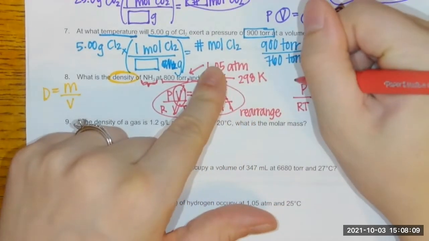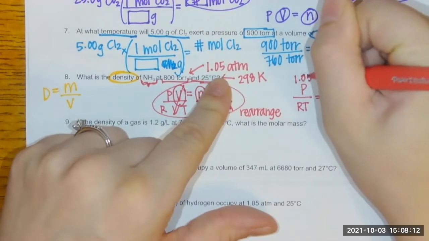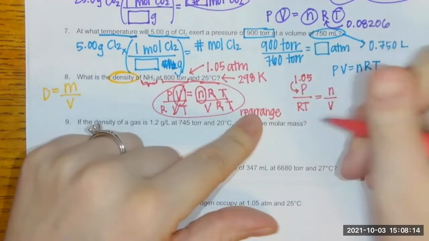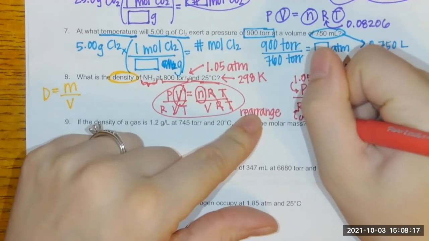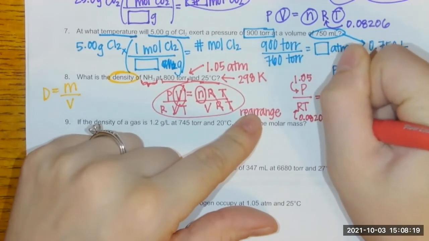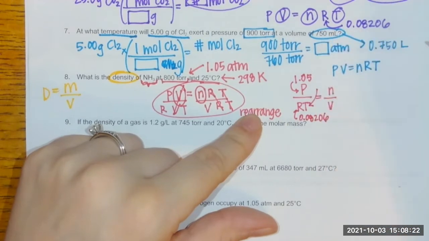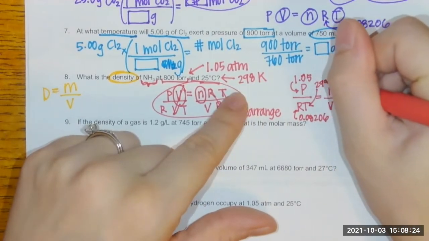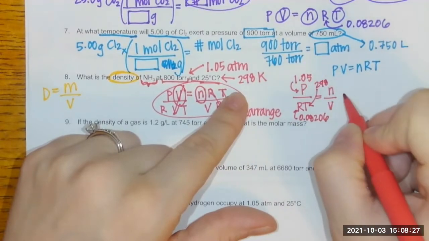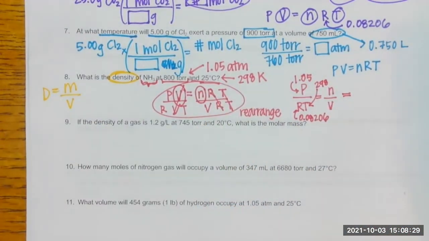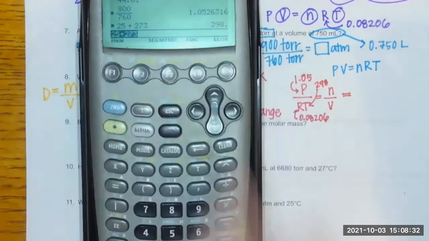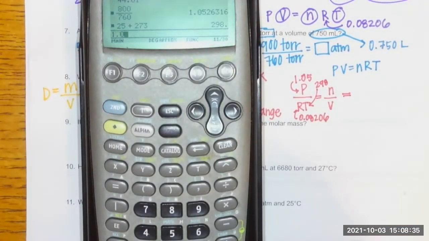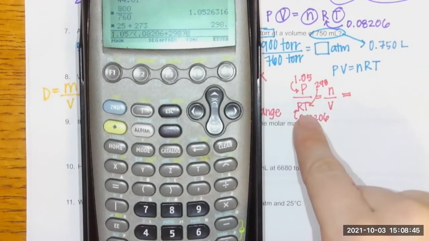The pressure is 1.05 atmospheres. R is always 0.08206. The temperature was 298, and this equals N over V, which is not quite what I want yet, but I'm going to solve for N over V. 1.05 divided by 0.08206 times 298 in the denominator equals.